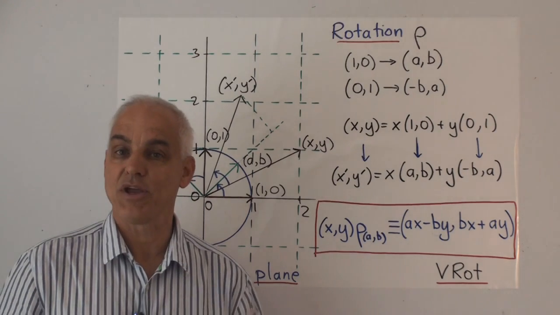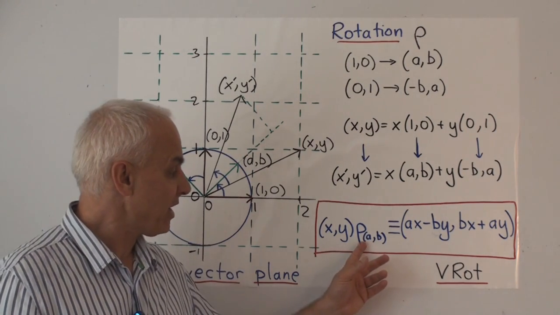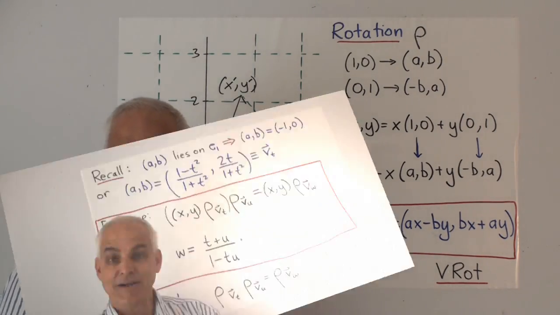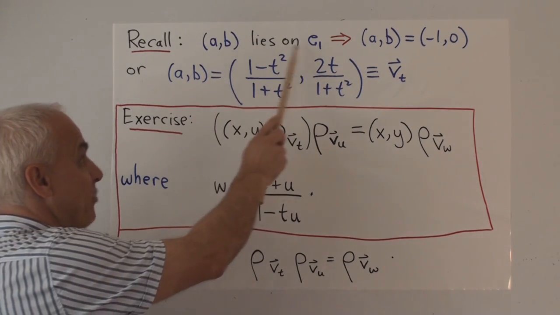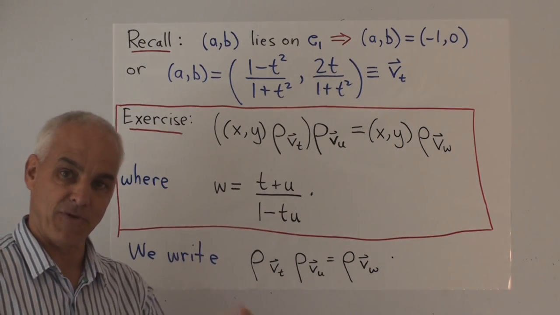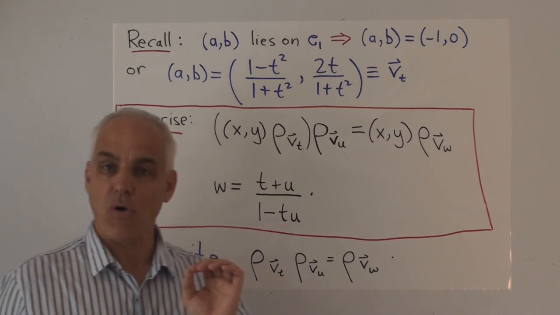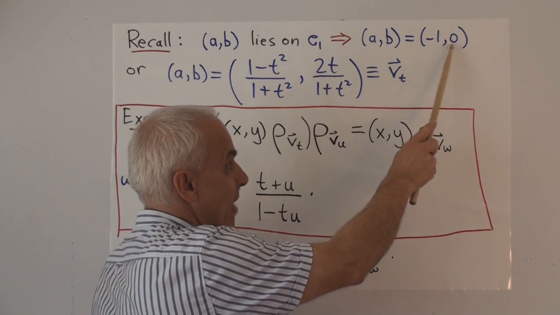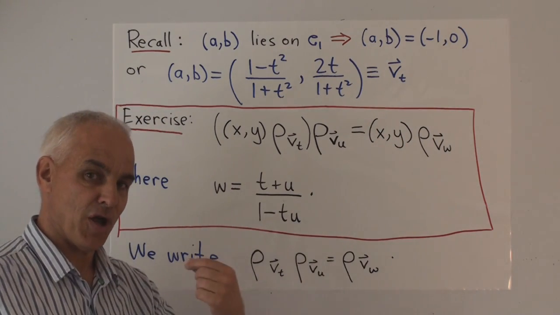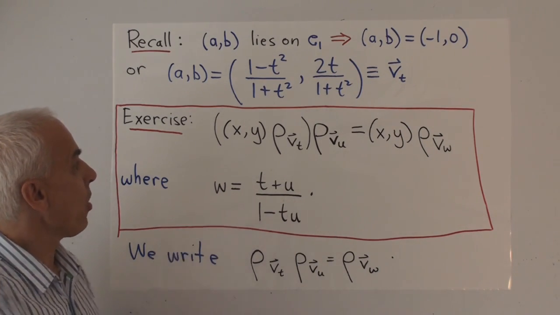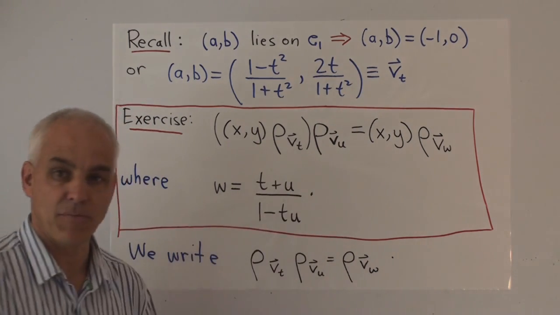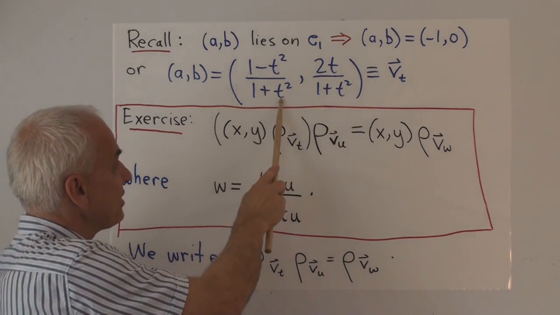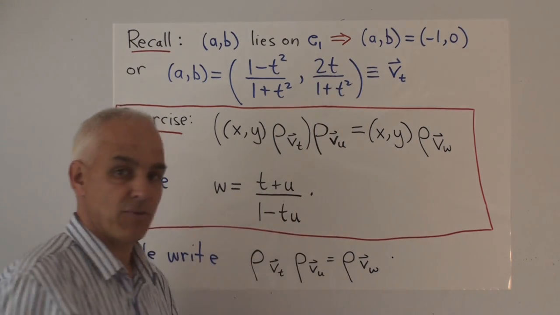Now let's say a few words about how we combine rotations and how we can think about AB on the unit circle more precisely. So let me remind you that if AB is a point on the unit circle, x squared plus y squared equals 1, then we've shown before in our video on parametrizing the circle that AB is either the point minus 1, 0, which is on the x-axis on the left-hand side, or it's given by this particular beautiful formula involving Pythagorean triples: 1 minus t squared over 1 plus t squared, 2t over 1 plus t squared.